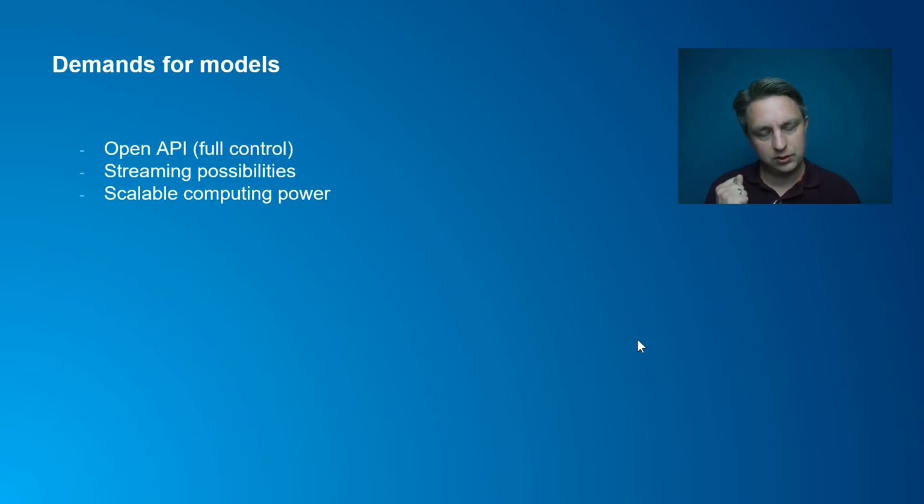No, we want to start the calculation and have full control over that calculation, because if something changes in the weather forecast and we need to change how the model interacts, we need to be able to change that. And to be able to do that, you need to have insight in what is being calculated in real time. So for that you need streaming possibilities.